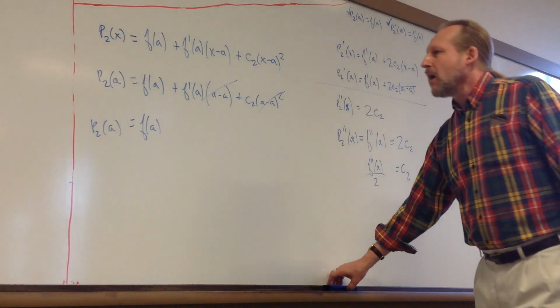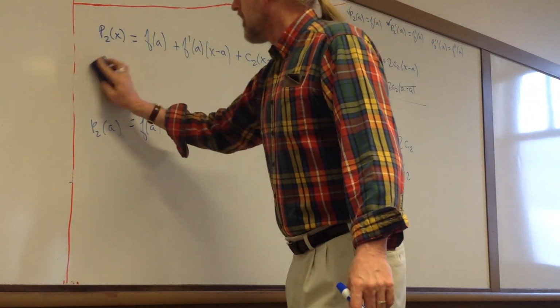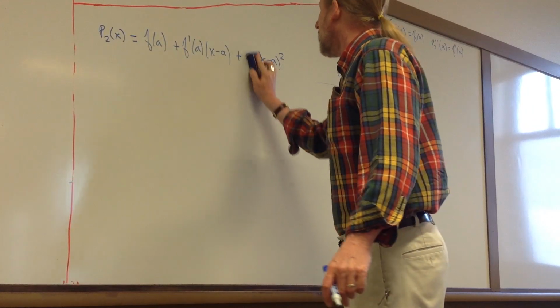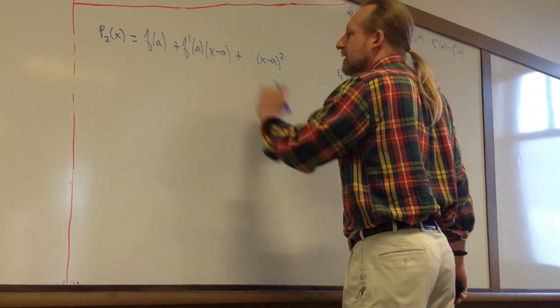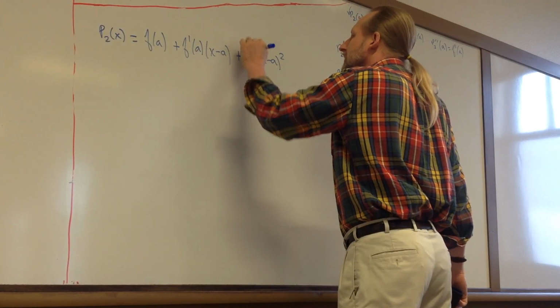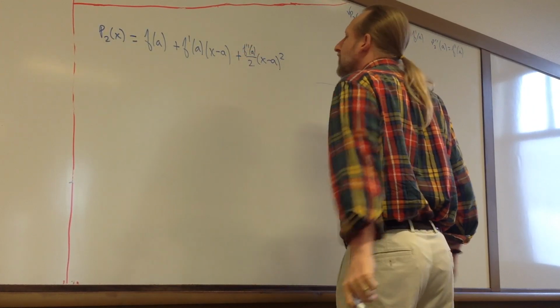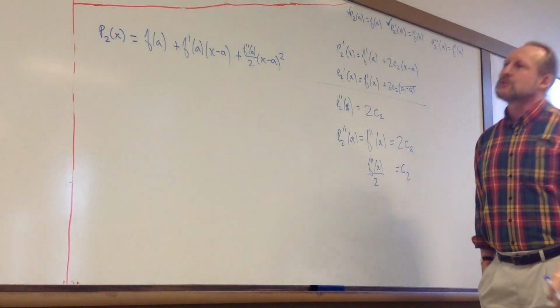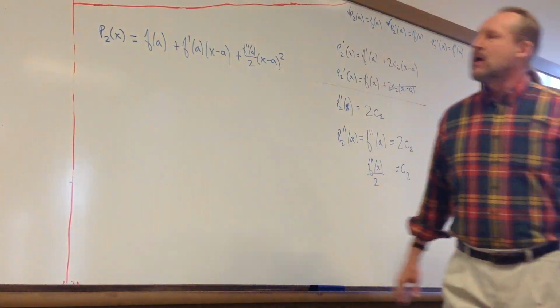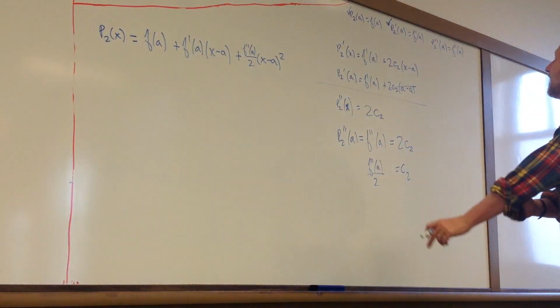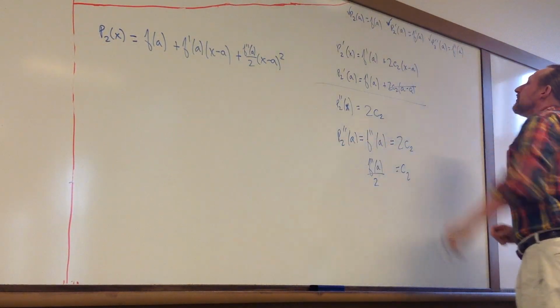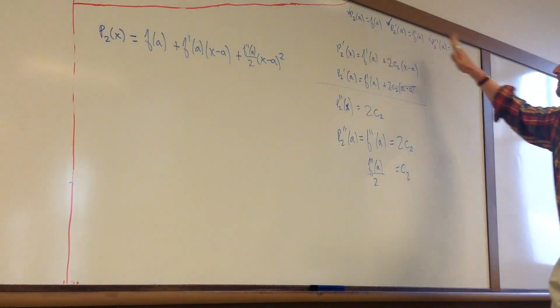Okay, so our quadratic approximation, p2 of x, should be f of a plus f prime at a times x minus a plus f double prime at a divided by 2 times x minus a squared. So there's the formula for our quadratic approximating polynomial, and if we do that correctly, then all three of these will match up.